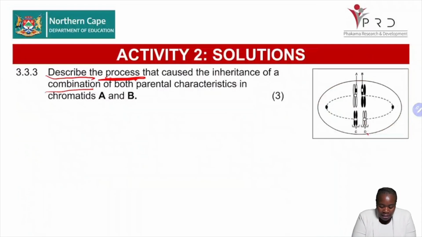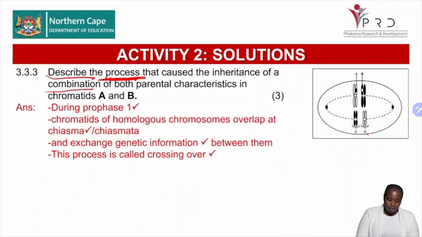As we looked at the description earlier, you're going to describe the fact that the chromosomes are going to lie next to each other, the chromatids are going to overlap, genetic material is going to be exchanged, right? So during prophase 1, chromatids of homologous chromosomes overlap at the chiasma.